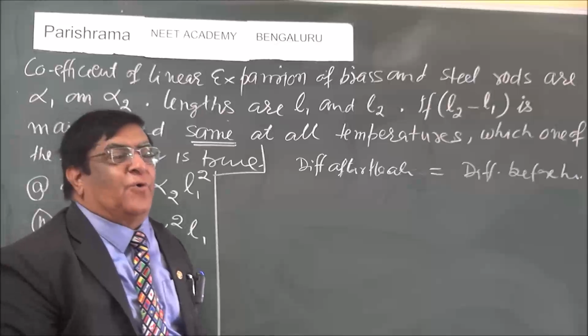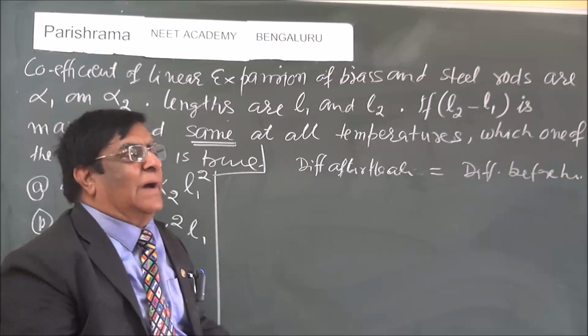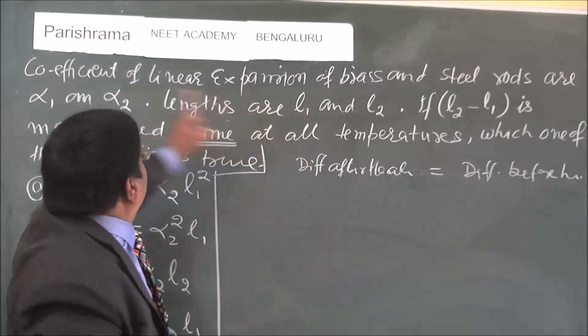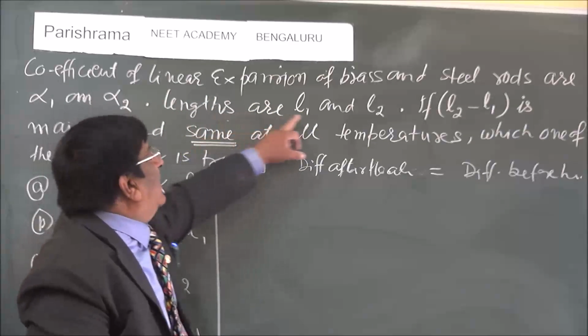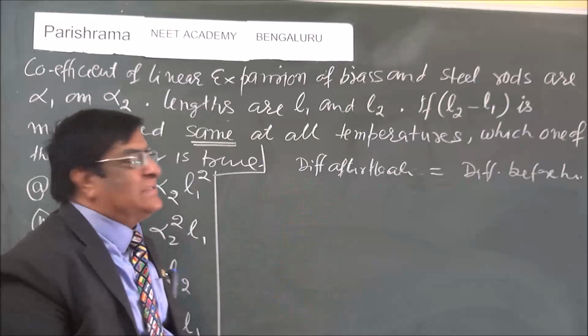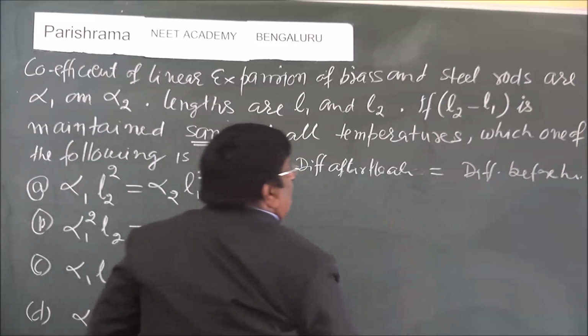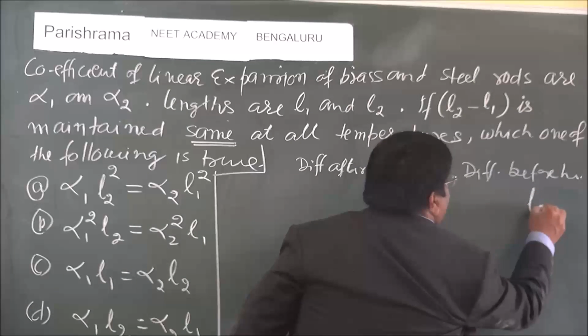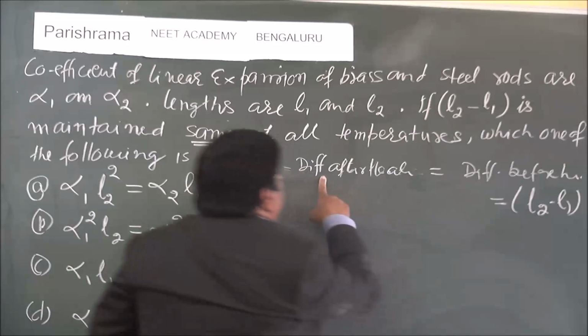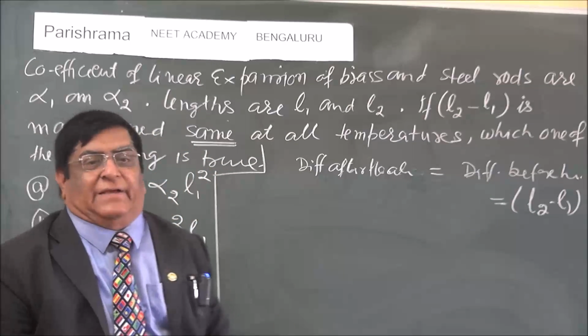What is the difference before heating? L2 minus L1. Simple. The coefficients of the brass and steel rods are these, and the lengths are L1 and L2. So what is the difference in the length? L2 minus L1. This is equal to the difference after heating.